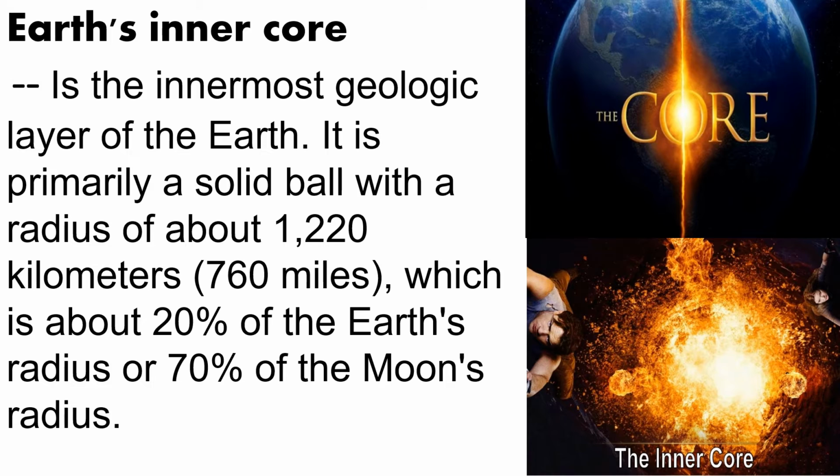If you know that the layers of the Earth have different physical and chemical characteristics, it is impossible to drill a hole from one side of the Earth all the way to the other side. And no one has seen the Earth's interior. So how did we get this information?